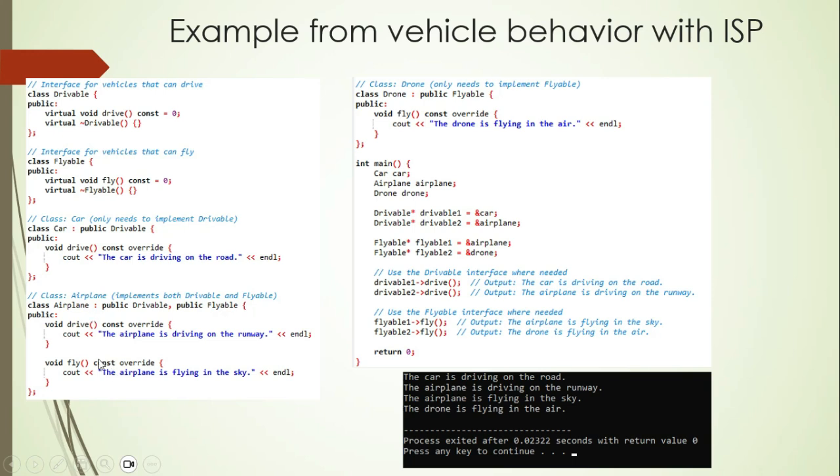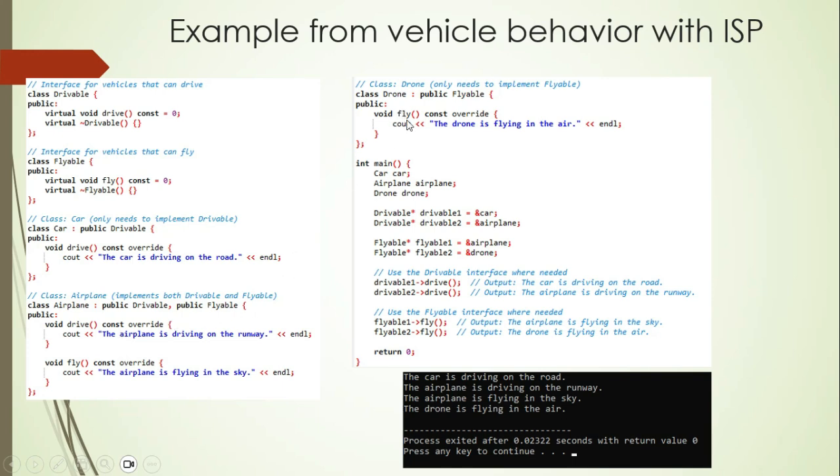So we have taken two functions here. In void drive const override, this Aeroplane class implements drive to print that it drives on the runway, and similarly it can also fly. So these methods are defined here.